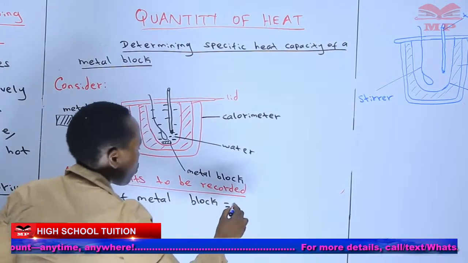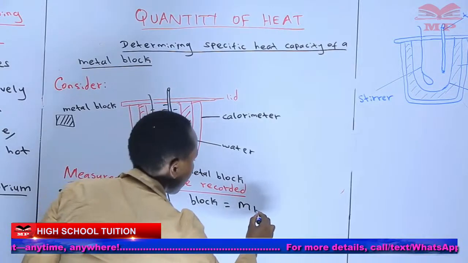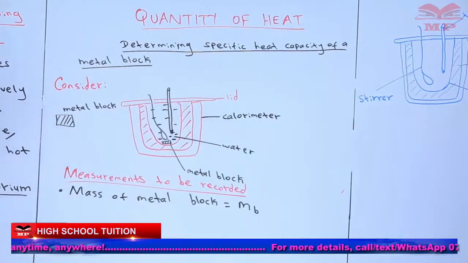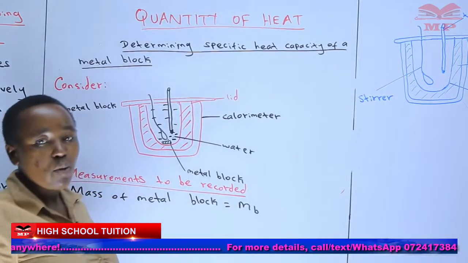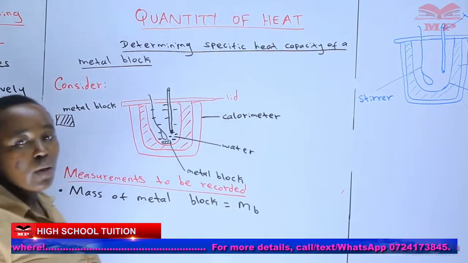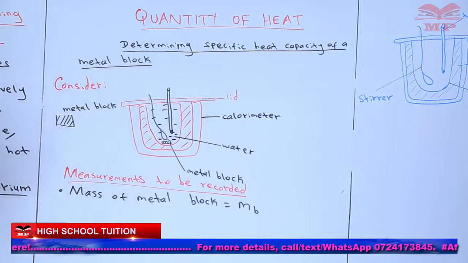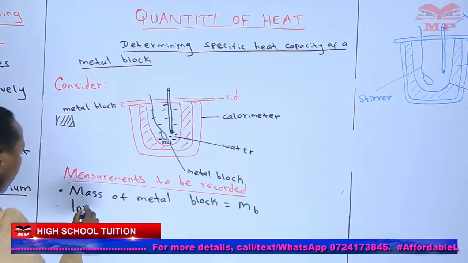We can take it to be MB for the mass of the metal block. Here we are not using numbers, we are just using letters to represent those numbers. But in our calculations, of course, we'll be having those numbers. So we have the mass of the metal block. We also have the initial temperature.